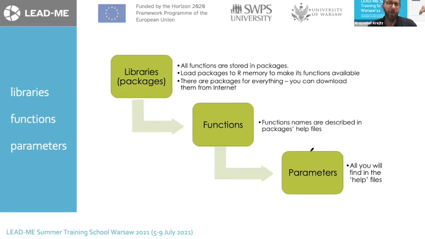You can do it within R, and that's the only way to do it. I mean, the easiest way to do it, to install the packages within R. And if you have it installed, then you can load the packages to R session. And then you're going to be able to use all the functions which are there with, of course, parameters of these functions.